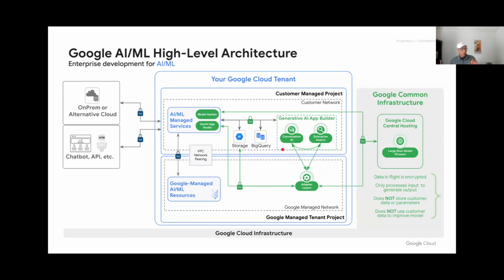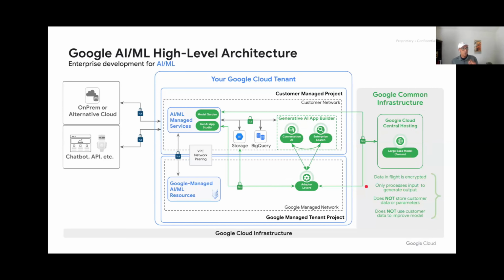The foundation models, which are on the right, are frozen, and then there is an adapter layer which is used to interact between the customer tenant and the Google foundation models. Data in flight is encrypted. LLMs are stateless, so you don't have to worry about any persistence.